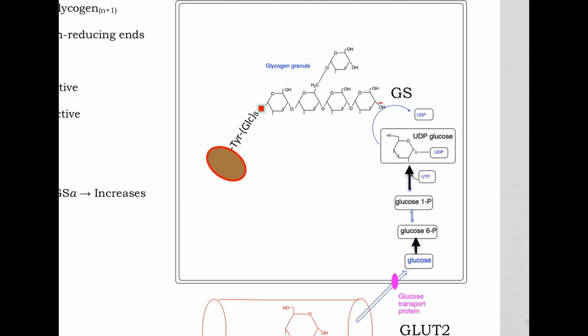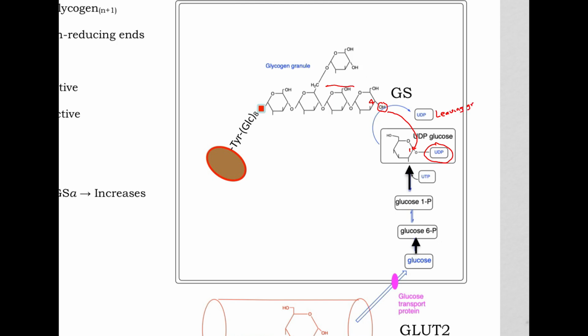The hydroxyl group at carbon number 4 of the glycogen chain can now react with carbon 1, and that will kick out the UDP, which comes out as a leaving group.